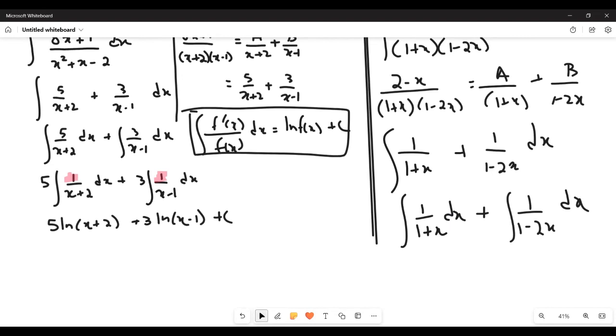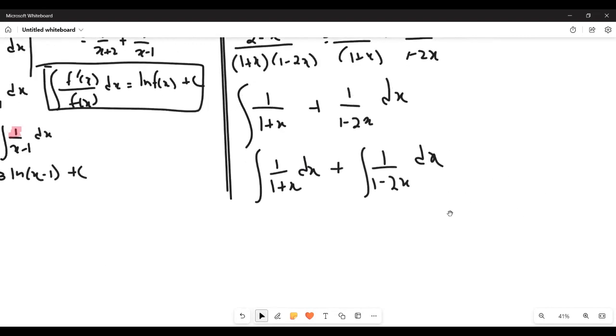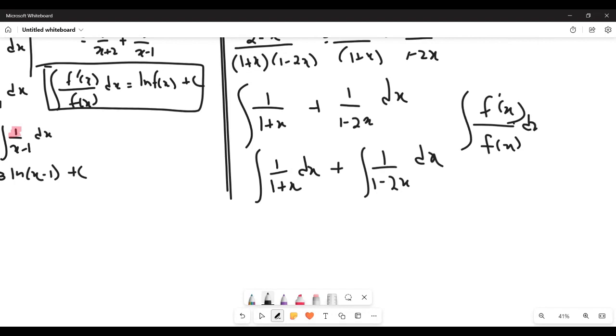So we have a function in the denominator, f(x). Check if we have f prime x in the numerator, then integration of this is ln f(x) plus c.